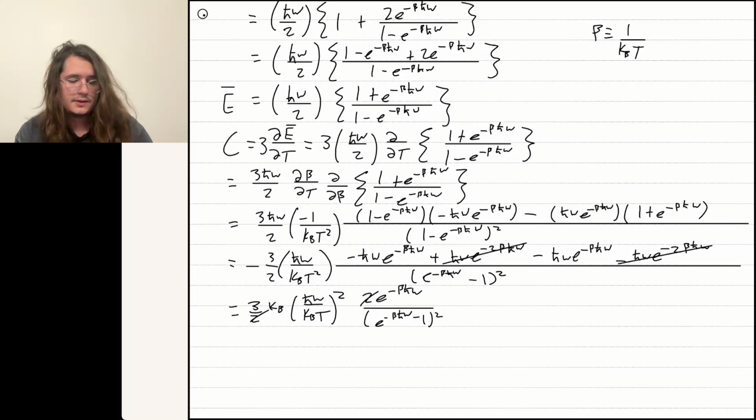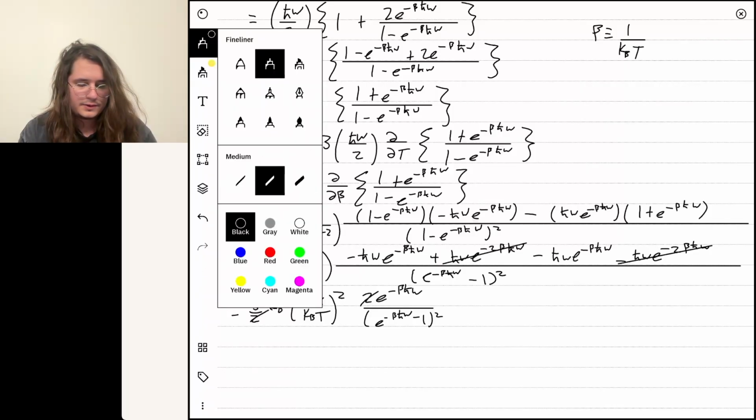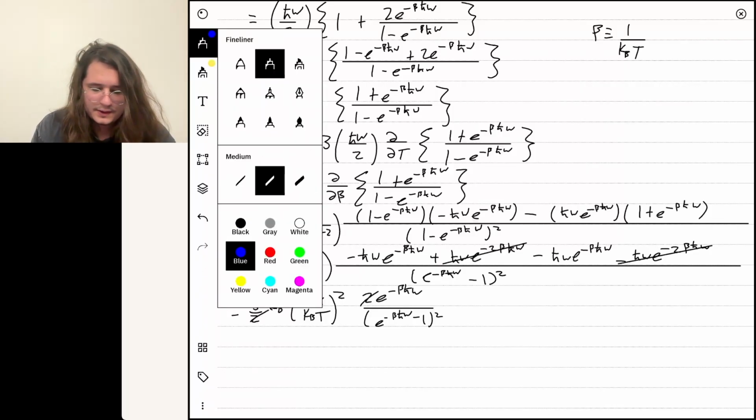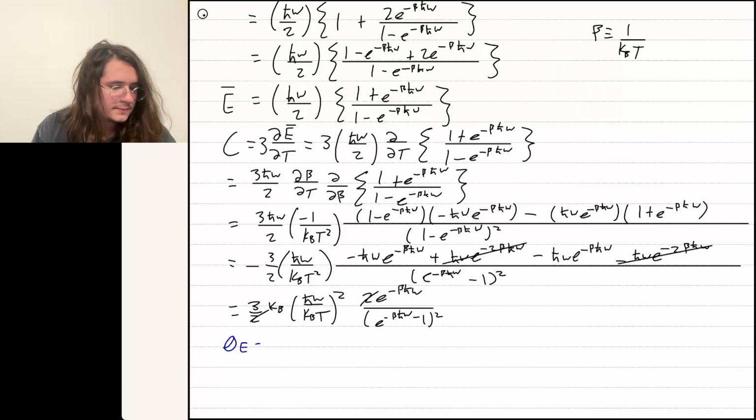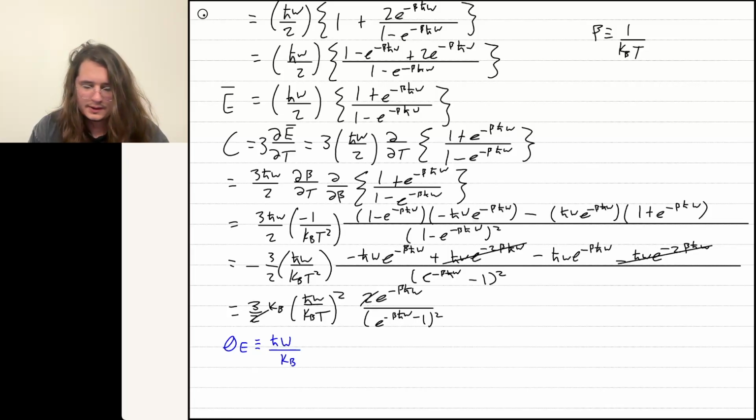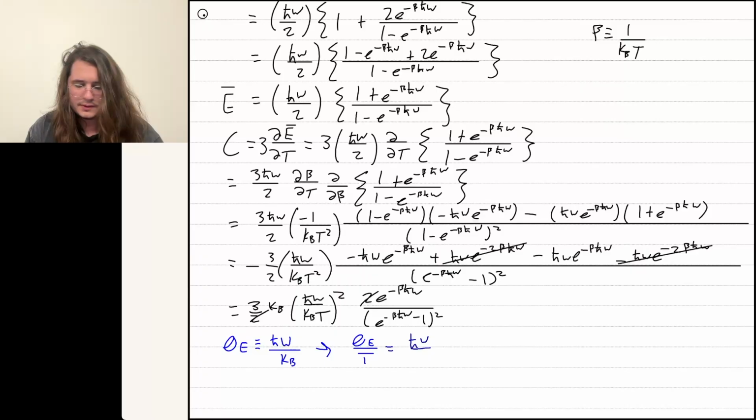We end up with a pretty cool expression, but we can get it to look much more like what Griffiths wrote if we use the definition of the Einstein temperature. So theta sub E is the Einstein temperature. It's defined as h bar omega divided by the Boltzmann constant. So that's saying that the Einstein temperature divided by temperature is equal to h bar omega over k_B T, which, by the way, is beta h bar omega.